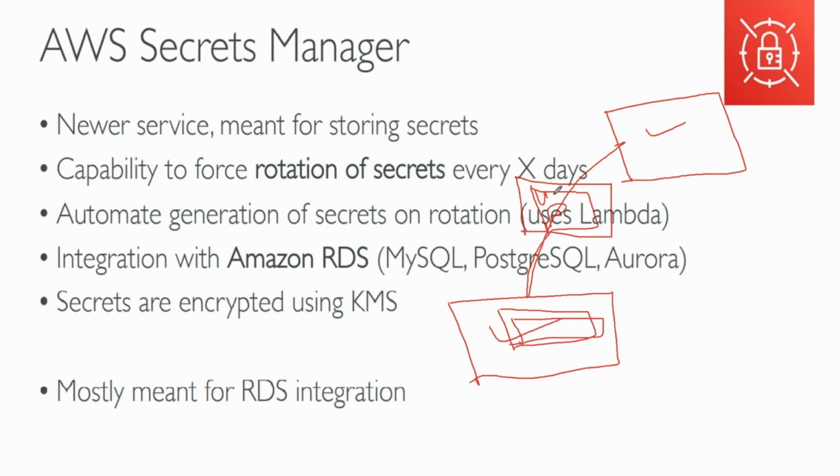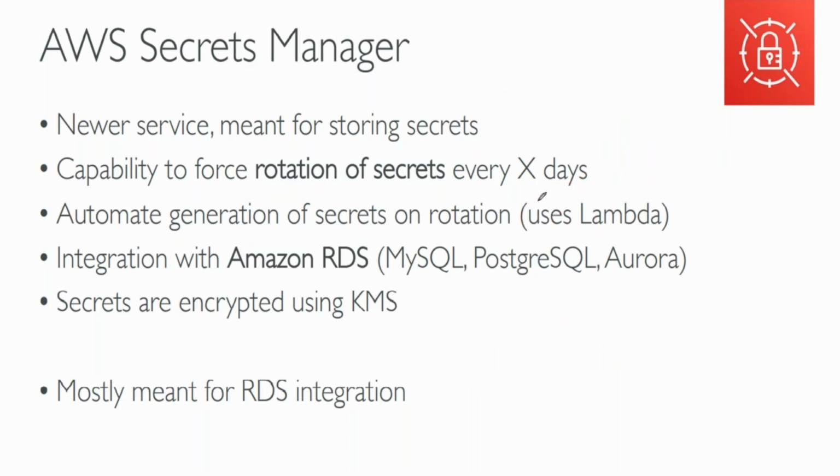Then our username and password will be decrypted, then used here, and then again stored in encrypted form. So we are just saving our data using Secrets Manager. We also have the capability to rotate our secrets, our username and password, every X days that we define.